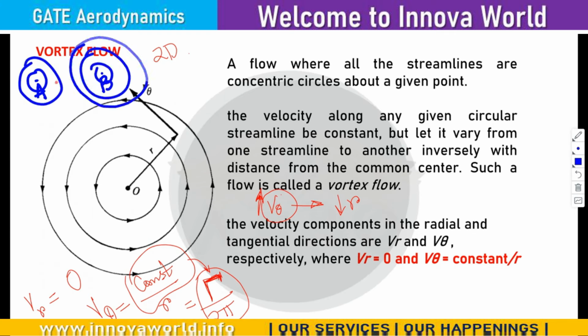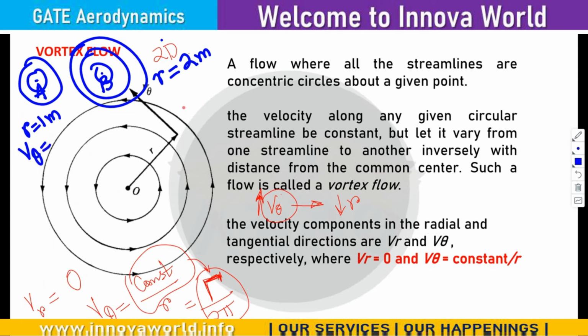Okay. Now one radius is maybe 1 meter. Another radius is 2 meter. Now from here they might give the velocity for one of the parameters. You can give the velocity for tangential, obviously tangential velocity has to be given.